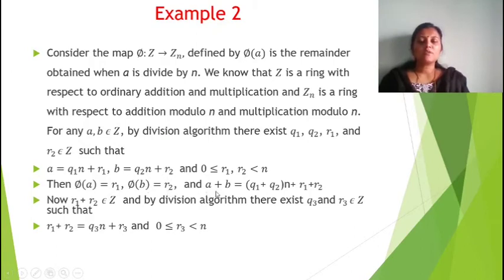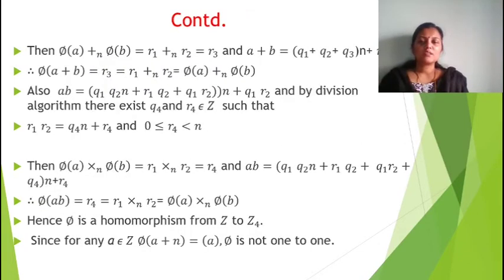And a plus b we can write by adding q1n plus r1 plus q2n plus r2, which we can write as (q1 plus q2) into n plus r1 plus r2. Now this r1 plus r2 is an element of Z. Therefore by the division algorithm there exist q3 and r3 such that r1 plus r2 is equal to q3n plus r3, where 0 less than or equal to r3 less than n.